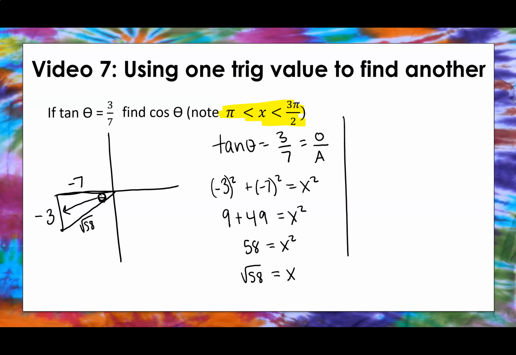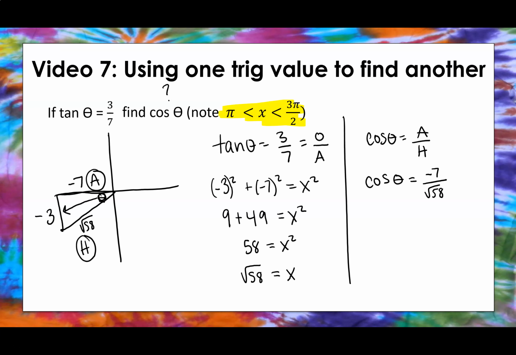All right, let's go ahead and find the final answer. We need to find cosine of theta. Of course, cosine theta is adjacent over hypotenuse. So cosine of my theta is my adjacent over my hypotenuse, or in this case, a -7 divided by the square root of 58.